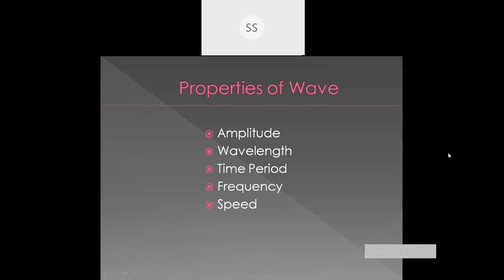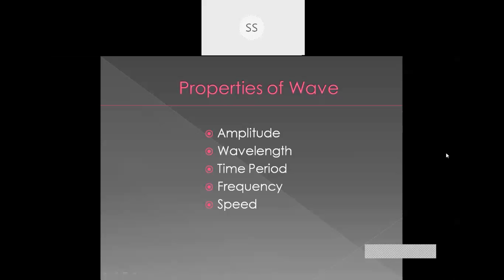So wavelength was the distance traveled by one particle during one vibration, and time period is the time taken by a particle during one vibration.